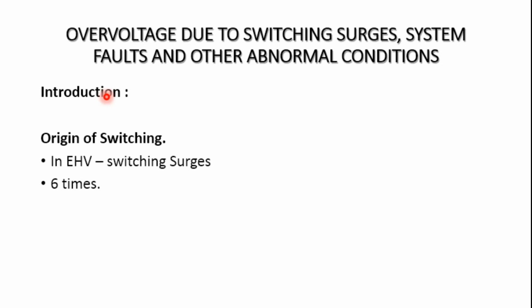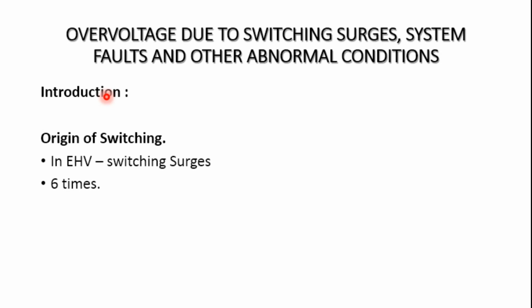In the case of insulation coordination and to protect any particular device like surge diverters, the protective level is directly proportional to the maximum system voltage, and the insulation level and the cost of the equipment depend mainly on the magnitude of these overvoltages.